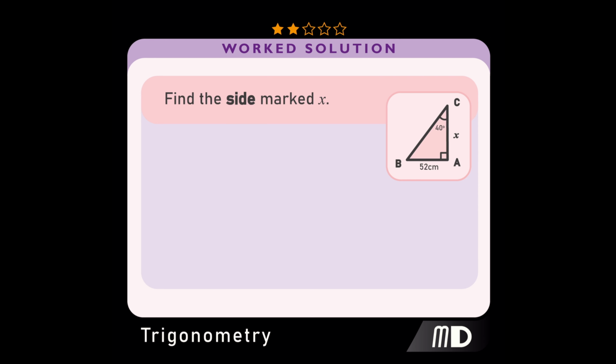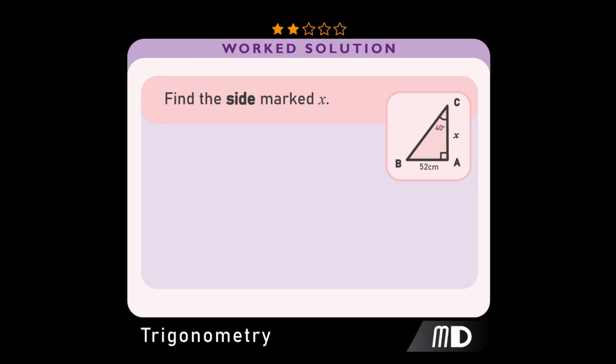For this question, we are told the length of one side, the size of one angle, and we need to find the length of another side. Therefore, we need to use trigonometry. There are 3 steps to answering this question.